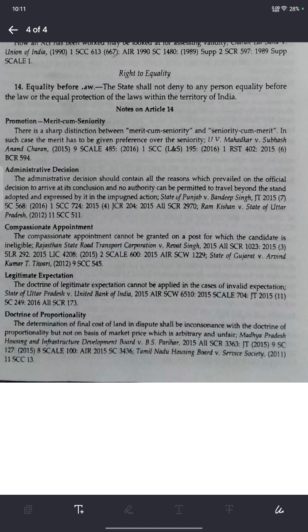Madhya Pradesh Housing Infrastructure Development Board versus B.S. Barihar, and Tamil Nadu Housing Board versus Service Society. Proportionality.